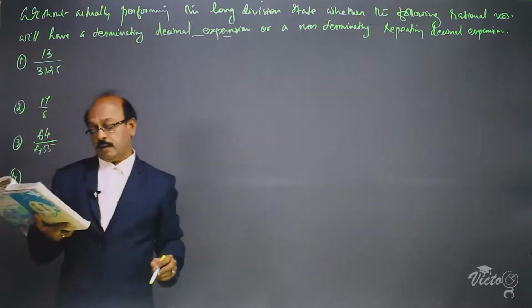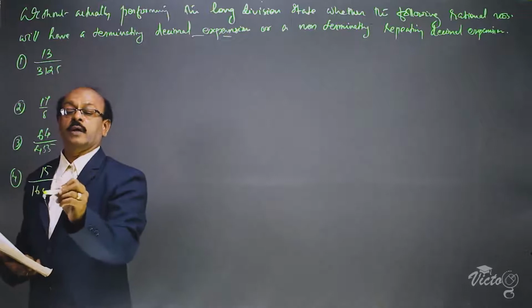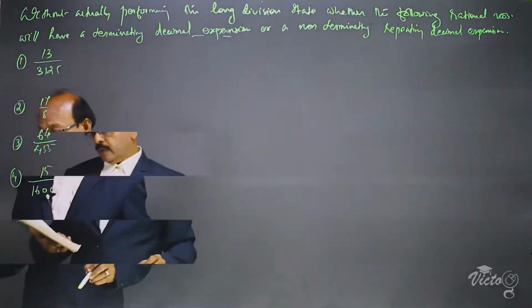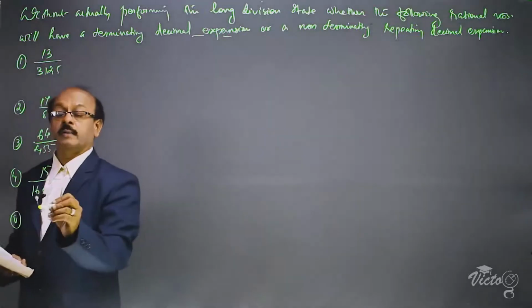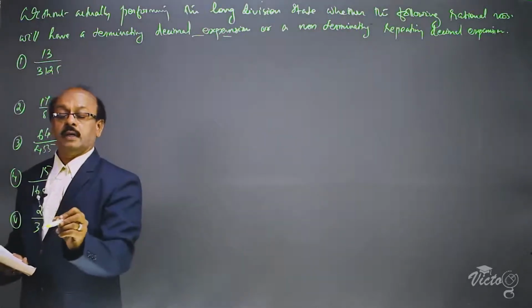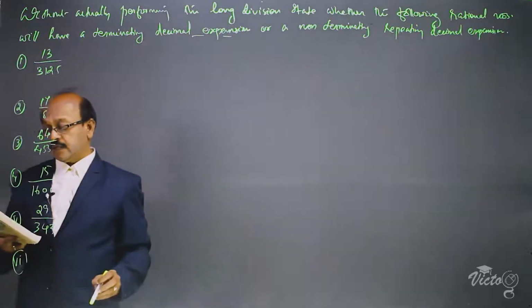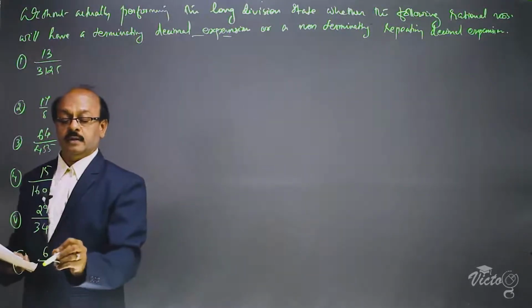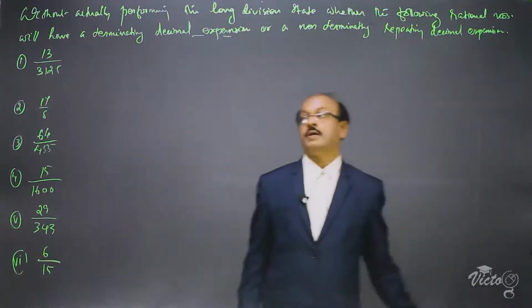Fourth one 15 divided by 1600. Fifth one 29 divided by 343. Sixth one 6 divided by 15. We are going to check without performing the actual division.